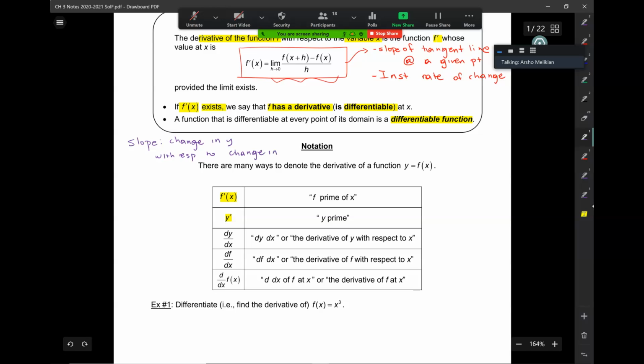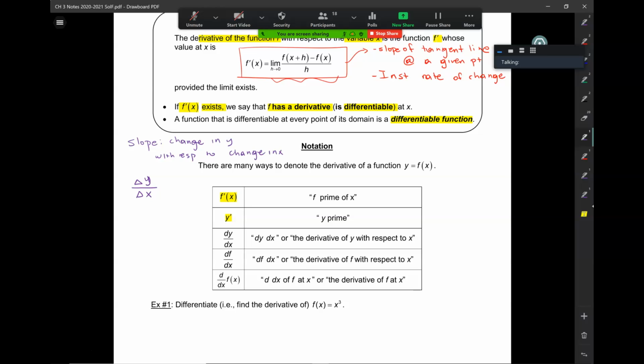And then we also said it was the rise over the run. So the change in y with respect to the change in x. Well, like in science especially, change is written as delta, that triangle delta. So the change in y can be written as delta y over delta x, right?